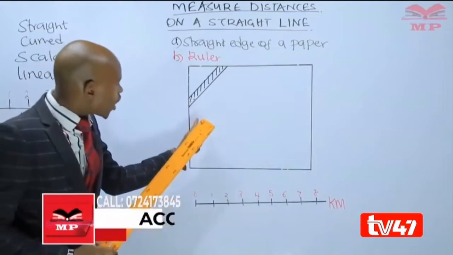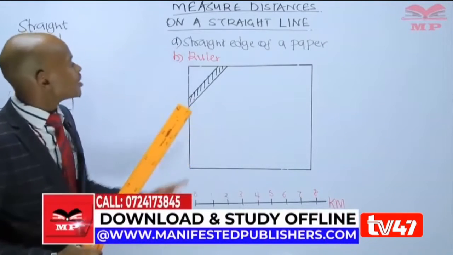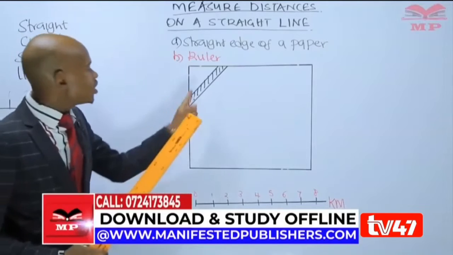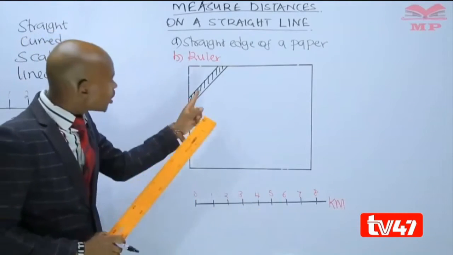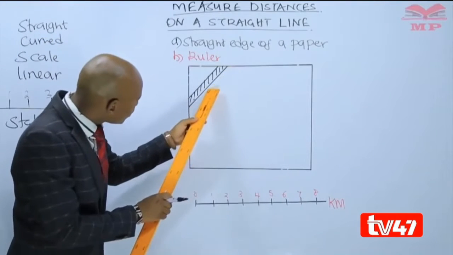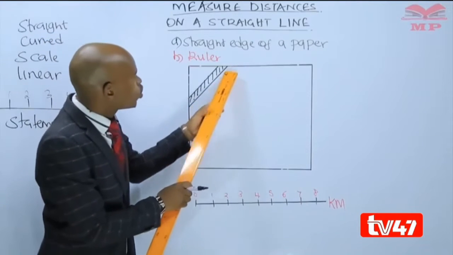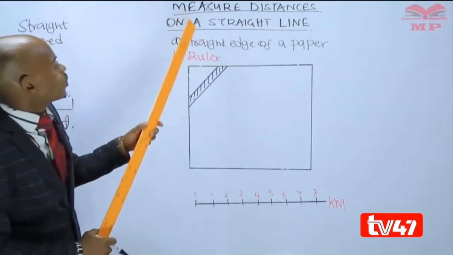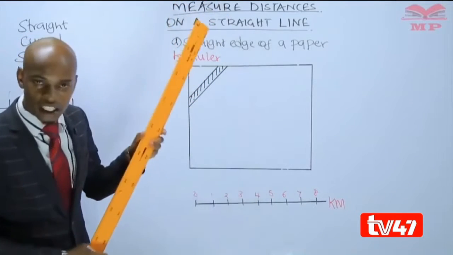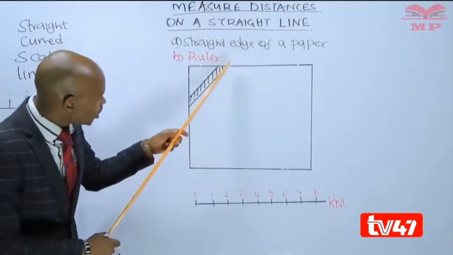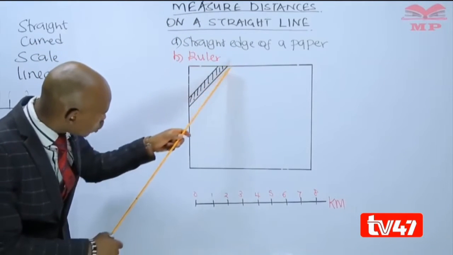And we are required to get the measurement of this tarmac road in this map. Looking at it, it is a straight road. So our first concern is measuring of straight. We shall get to measuring of curved. This is measuring a straight road.